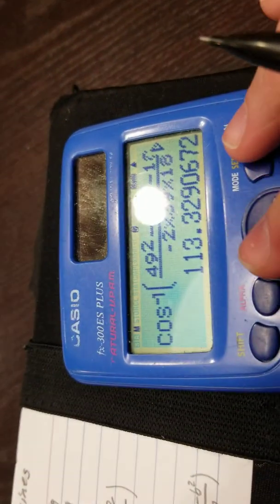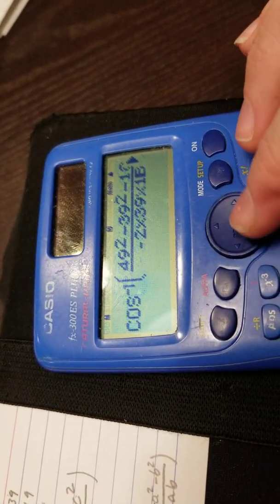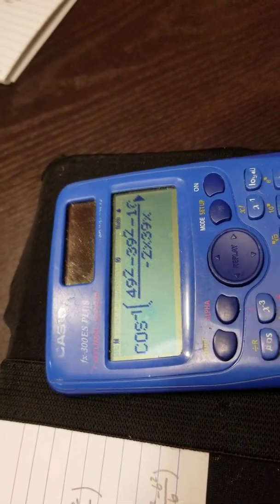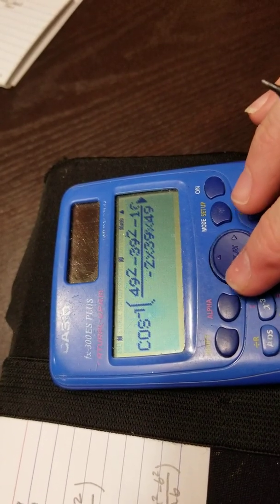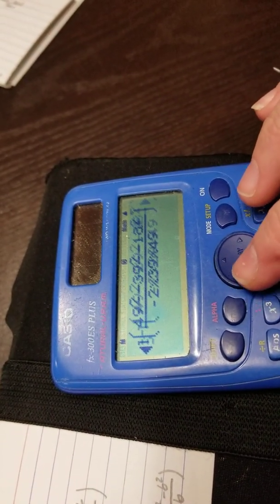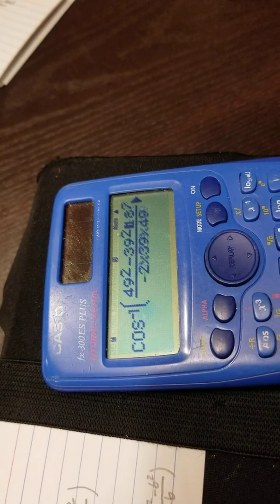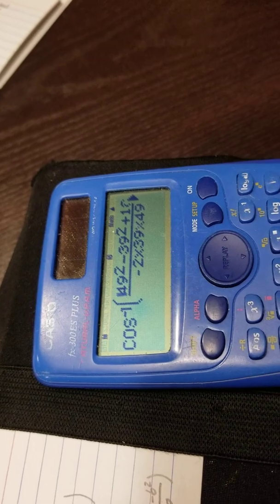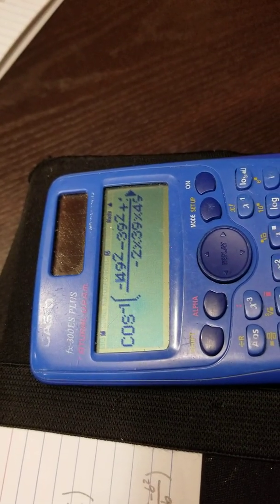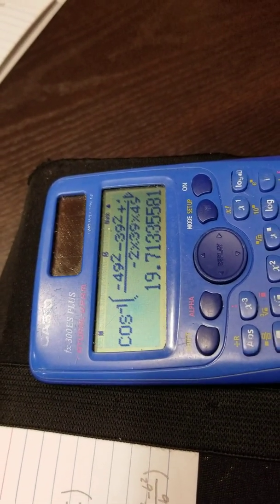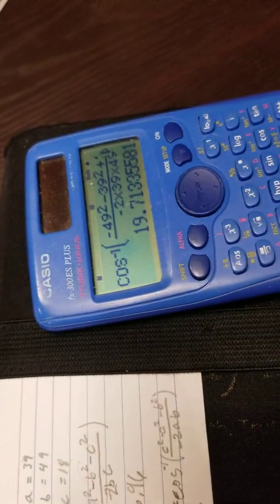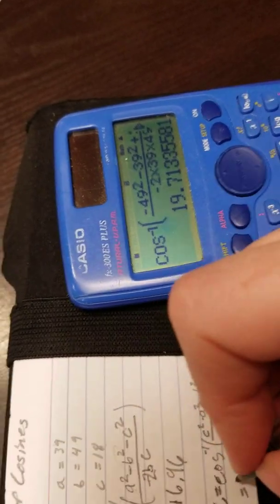In my calculator, I'm actually just going to edit. Instead of 18 here, I'm going to have a 49, and then up above, my 18 is actually positive and my 49 would be negative, equals. And so this one would give me 19.71.